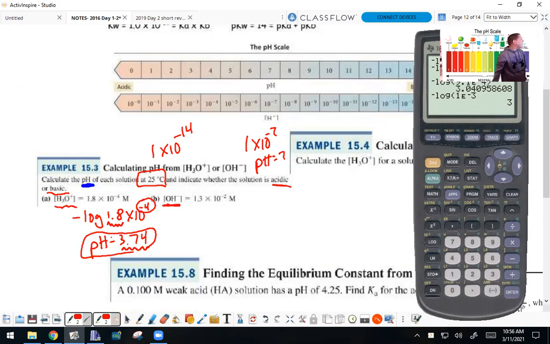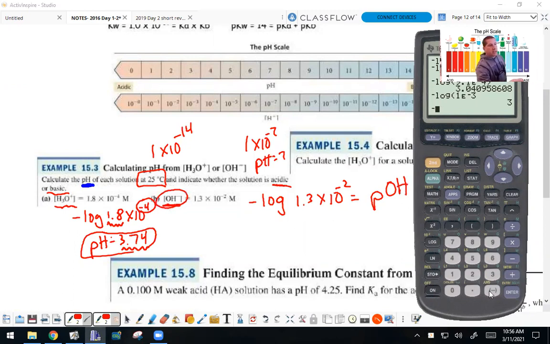Here's the first way they try to trick you. They're not giving you the H3O plus, they're giving you OH minus. So when I do the negative log of 1.3 times 10 to the minus 2, and again, I can estimate it, it's going to be somewhere around 2, but a little less. We're not getting pH this time. We're getting pOH this time because it's OH. So the negative log of 1.3 times 10 to the minus 2 is 1.9.